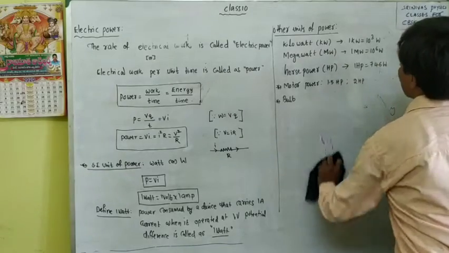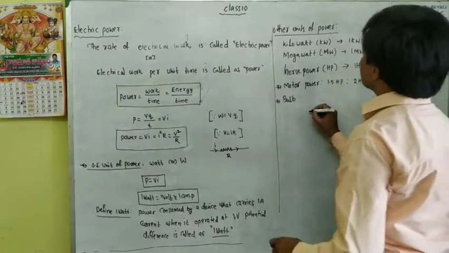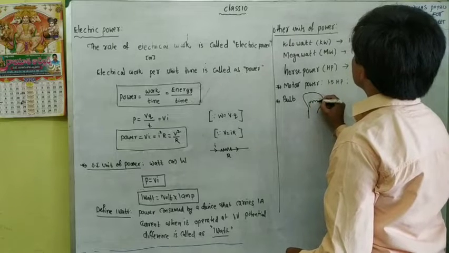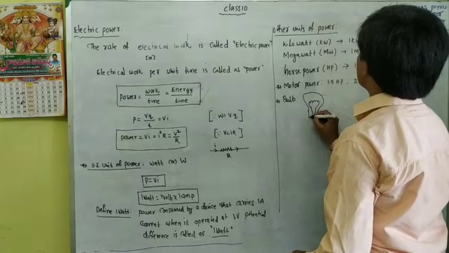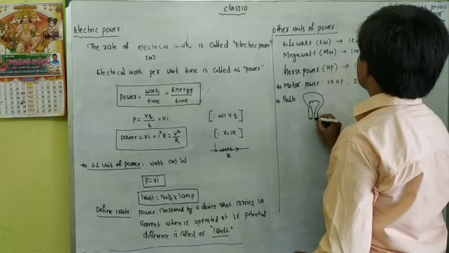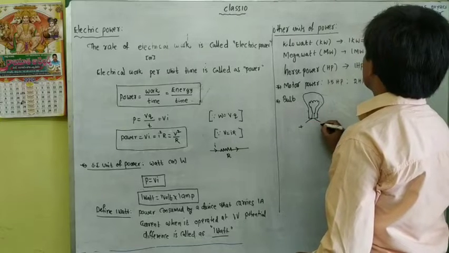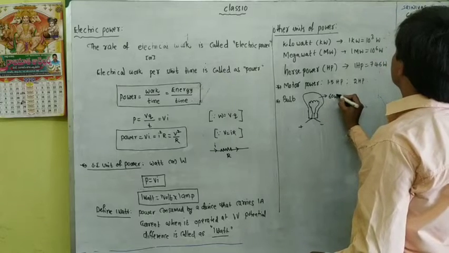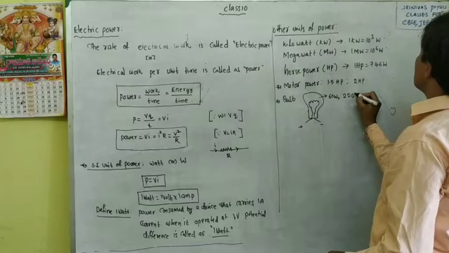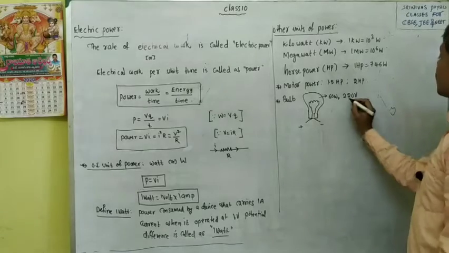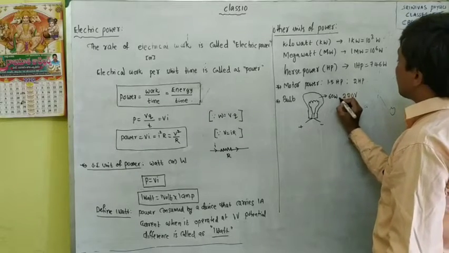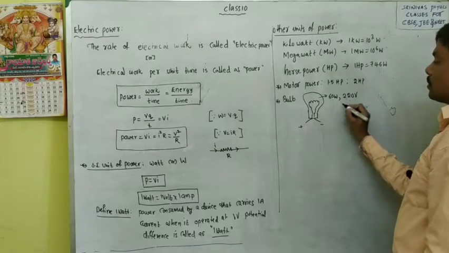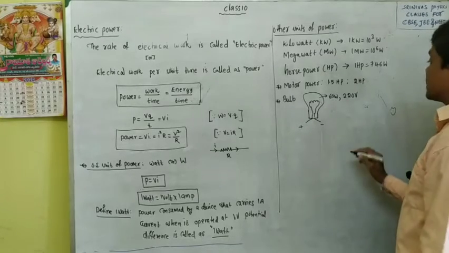Over the bulb it is written 60 watt and 220 volt. That means this bulb operates at a potential difference of 220 volts and the power is 60 watt.